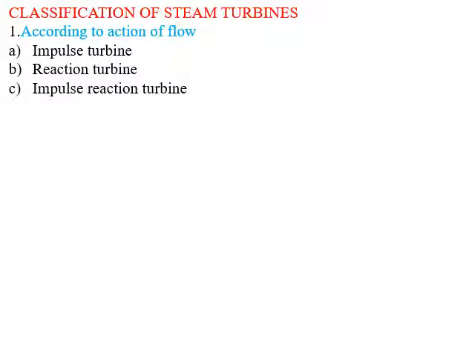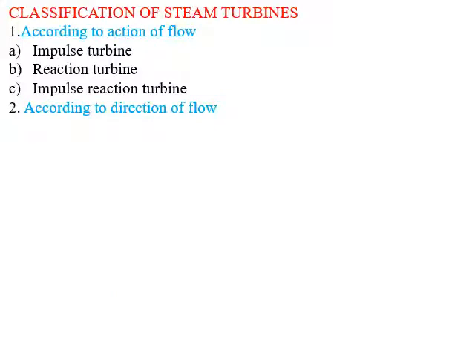Impulse turbine means the enthalpy drop occurs in the nozzle itself, so there is no enthalpy drop in moving blades. In reaction turbine, the enthalpy drop occurs both in fixed blades as well as moving blades. Then impulse reaction turbine is a combination of both.